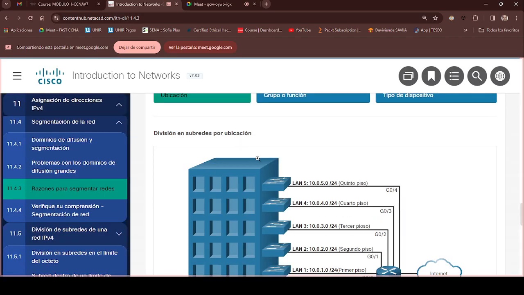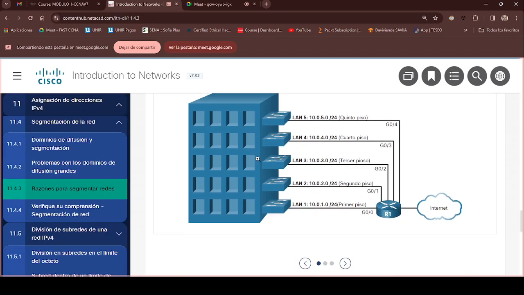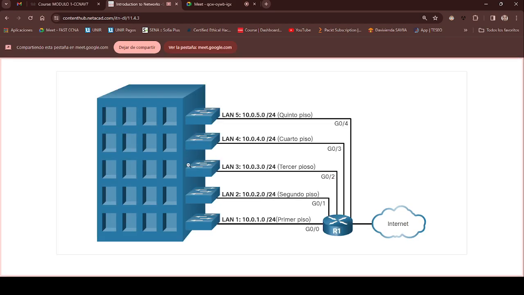Ahora, hay criterios para hacer la división de nuestras redes en redes virtuales o en redes físicas separadas colocando enrutadores. ¿Cuáles son esos criterios? El criterio más fácil de todos es por ubicación.